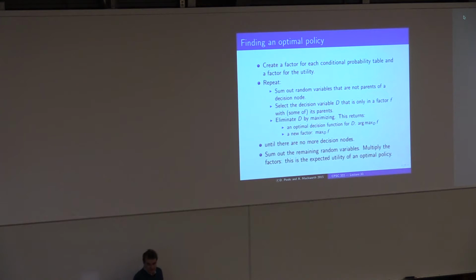We selected the decision variable D that's only in a factor with some of its parents. We eliminated D by maximizing, so we summed out the random variables. We eliminate the decision variables by maximizing. It returns both an optimum decision function and a new factor. And we keep just repeating this until there are no more decision nodes. Then we sum out the remaining random variables. Okay, are there any questions about that? That's what we did last half of last time.